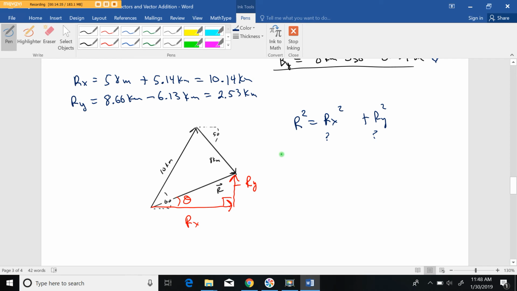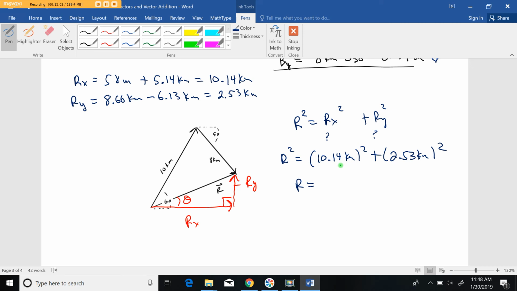So let's go ahead and put these values in. We're going to have R squared equals 10.14 kilometers squared plus Ry, which is 2.53 kilometers squared. And we'll go ahead and apply the Pythagorean Theorem and see what we get out of this. Give me a moment here.